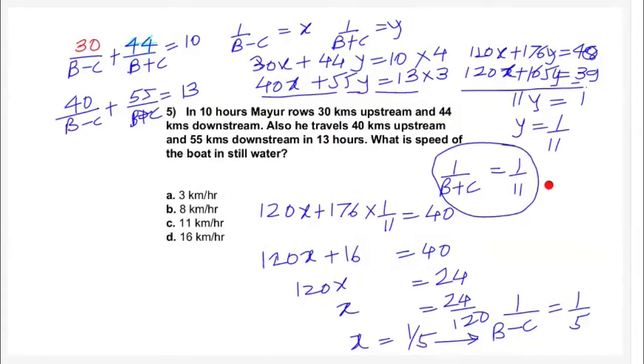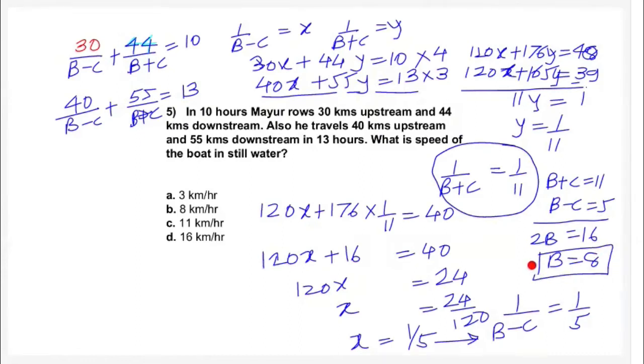Calculating this, you will get B plus C is equal to 11 and B minus C is equal to 5. Adding, cancelling C, 2B is equal to 16. B is equal to 8. Speed of boat in still water is 8 km/h. Your answer is option number B.